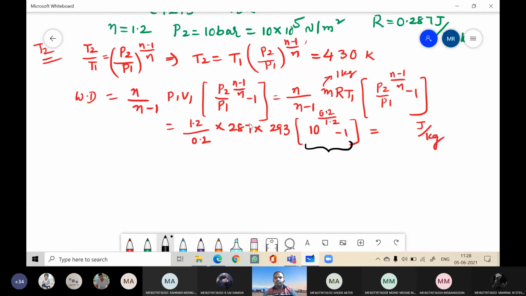First you simplify, then you multiply with the remaining values. 38.6 kilojoules. 38.6 joules per kg. Right now, it is per kg. The work done per kg.